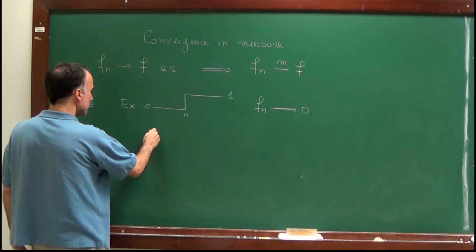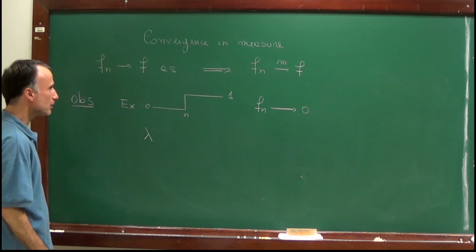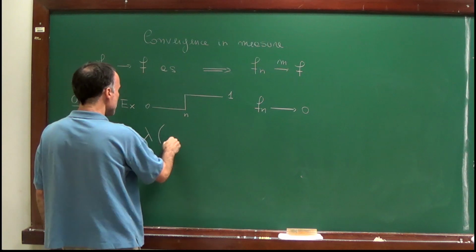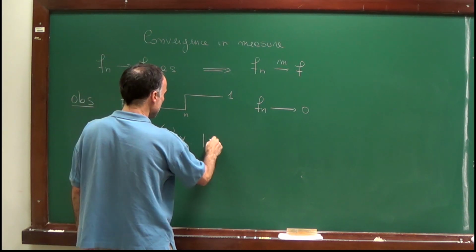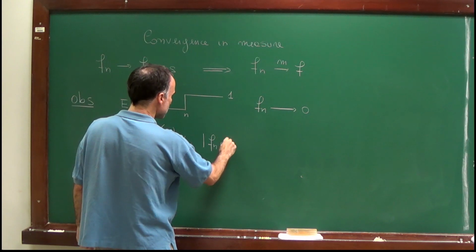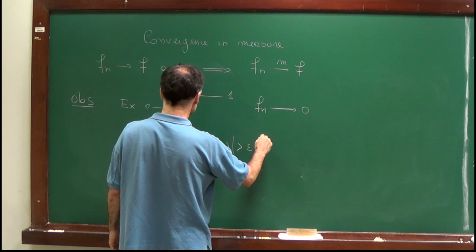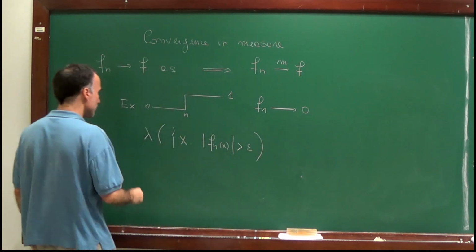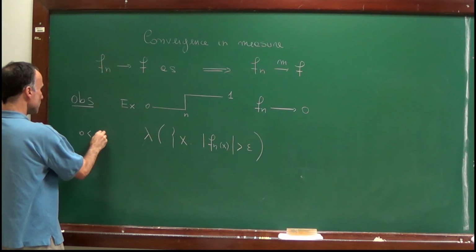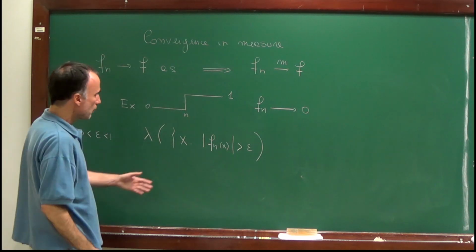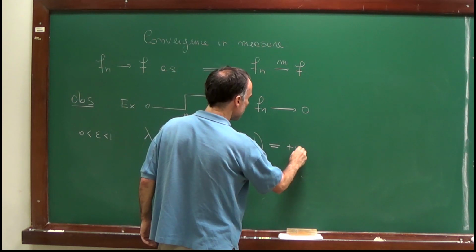However, if I consider the Lebesgue measure defined on the line, the Lebesgue measure of the points x such that f_n(x) is larger than epsilon, if I take epsilon between 0 and 1, the measure of this set is equal to plus infinity, right?